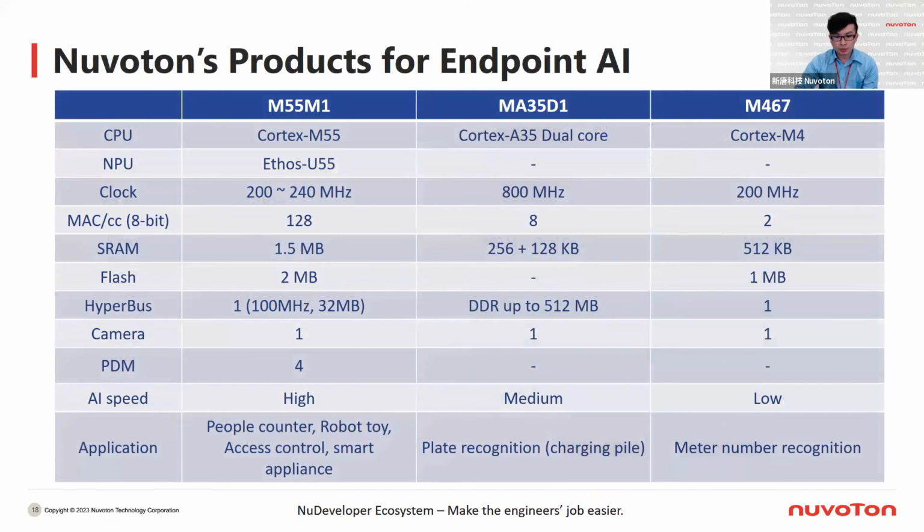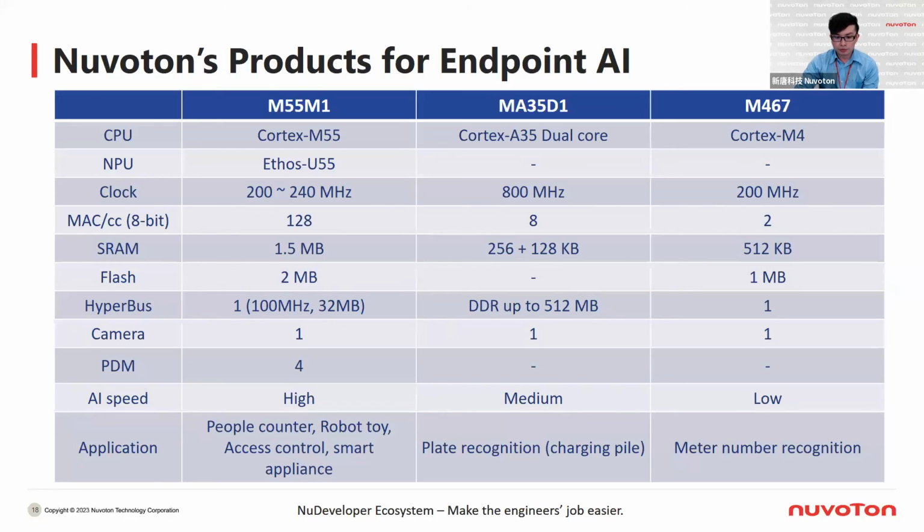In this slide, we can see the comparison table for each IC, highlighting their respective speeds: 200 megahertz for the M55M1, 800 megahertz for the A35, and 200 megahertz for the M460.